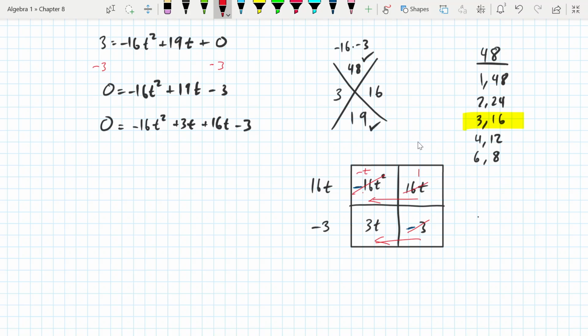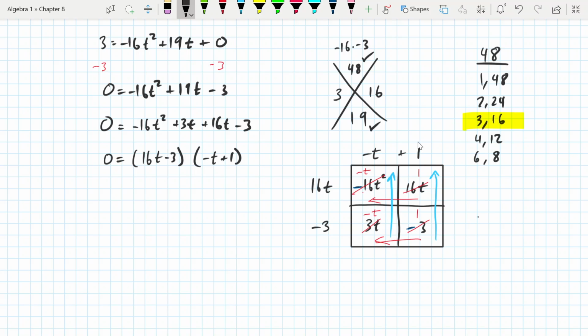Negative 3 divided by negative 3 is 1. 3t divided by negative 3 is negative t. Check my columns, negative t and negative t. Yep. 1 and 1. Yep. So I have negative t plus 1. So I have 0 equals 16t minus 3 and negative t plus 1.